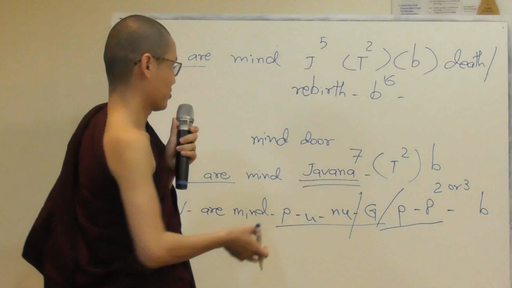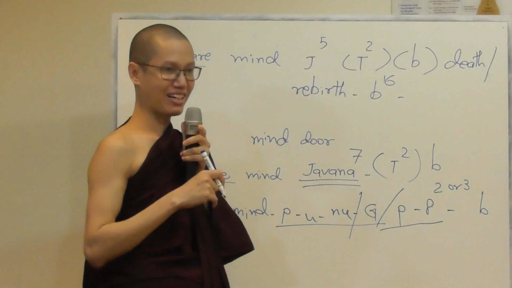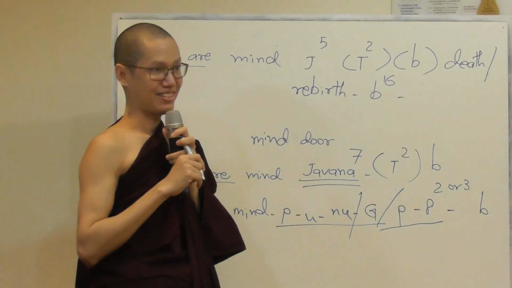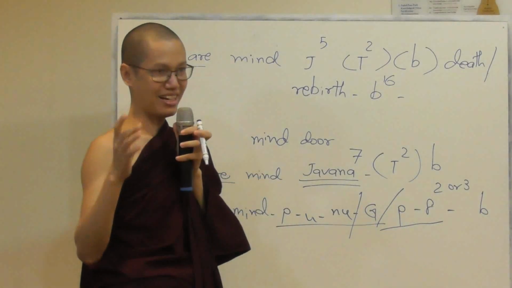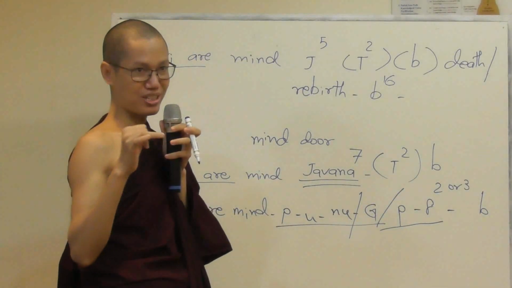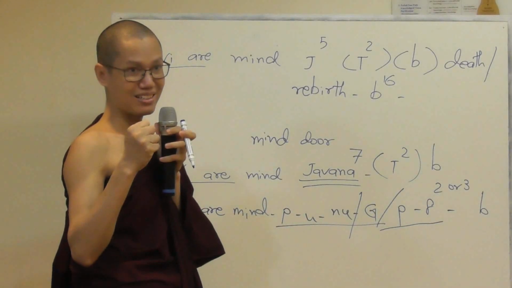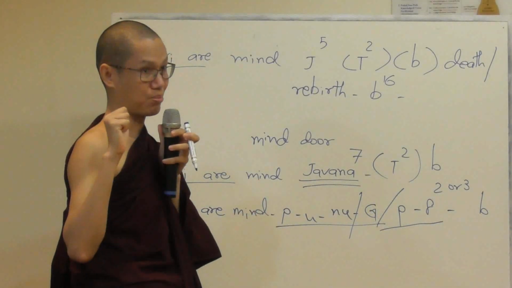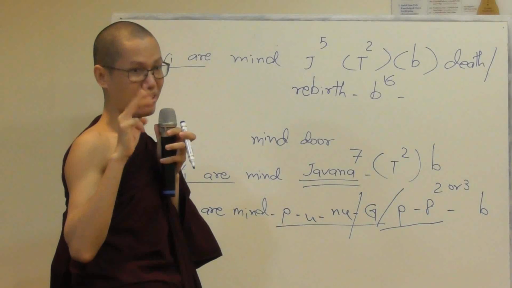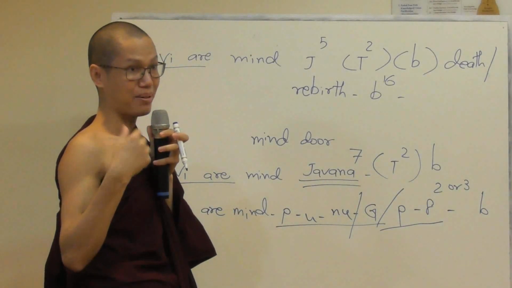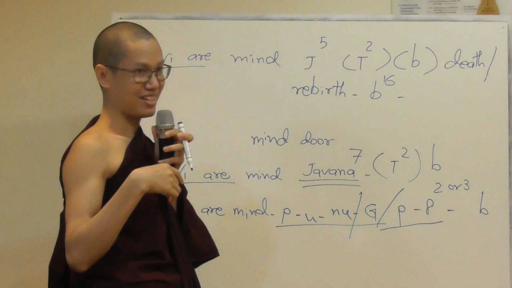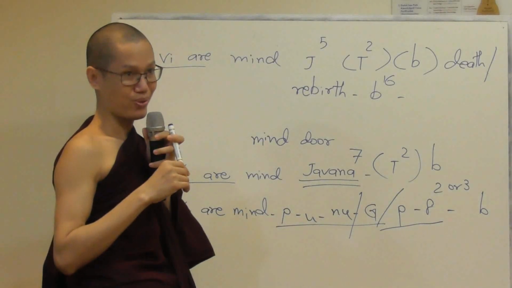Because the possibilities are five: hell, animal, ghost, human, and deva. It is a normal person's possibility. Only in one realm can you share merit; the others you will not even know about.